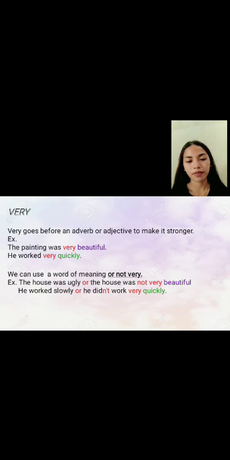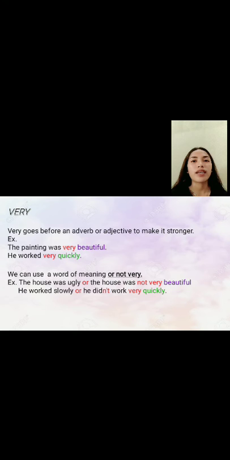So very. Very goes before an adverb or adjective to make it stronger. So example, the painting was very beautiful and he worked very quickly. So very at the first and second example goes before the adjective and the adverb.